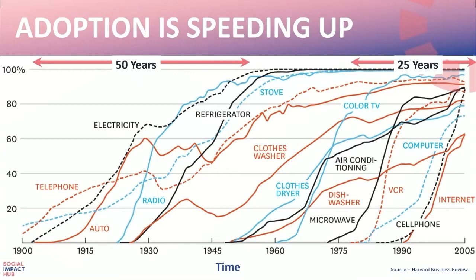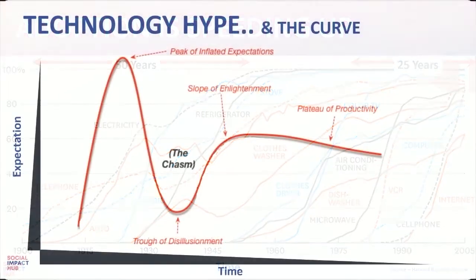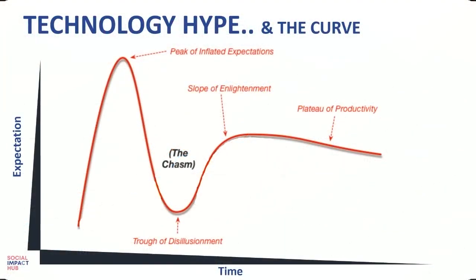Now, you may have heard people use the phrase technology hype. Now, this is actually a well-known phenomenon in the technology community, that expectations at the outset are quite high.